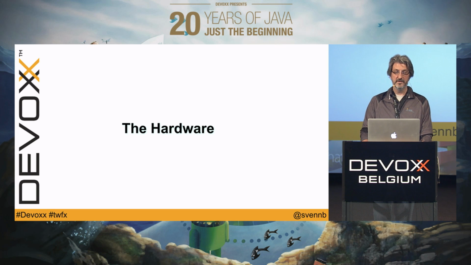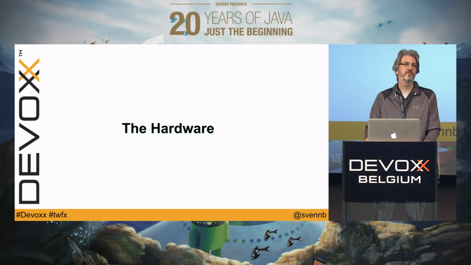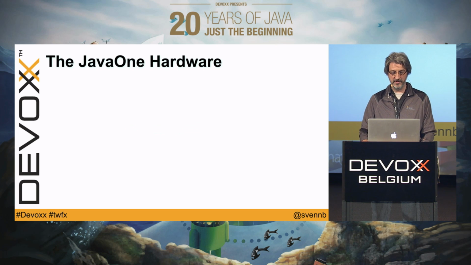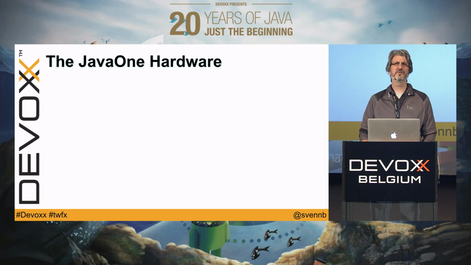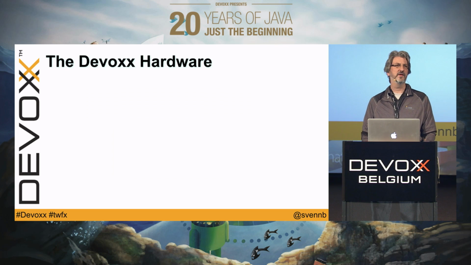So this has been running on different conferences already, on different hardware. Just two weeks ago, it ran on the Java 1 conference, and it ran on this, which is like a Raspberry Pi. And that works quite well. In contrast to that, we got the Devoxx hardware.